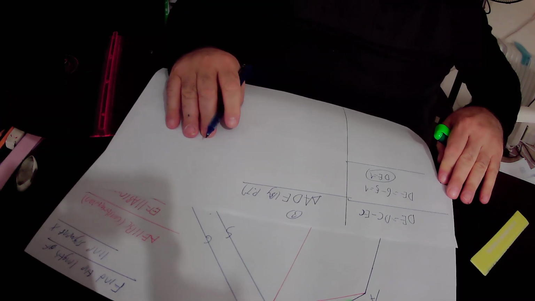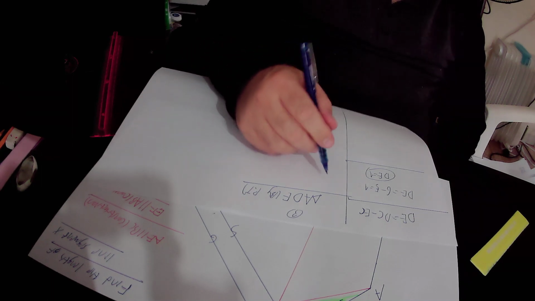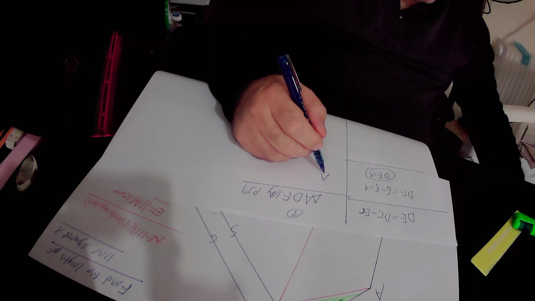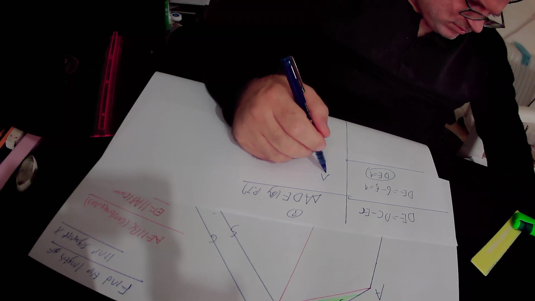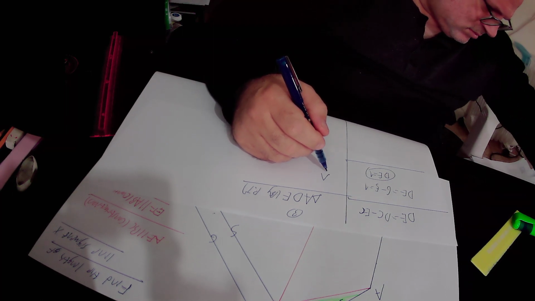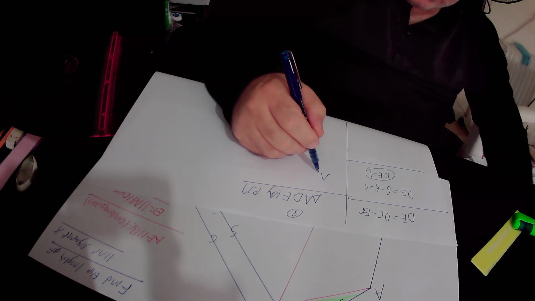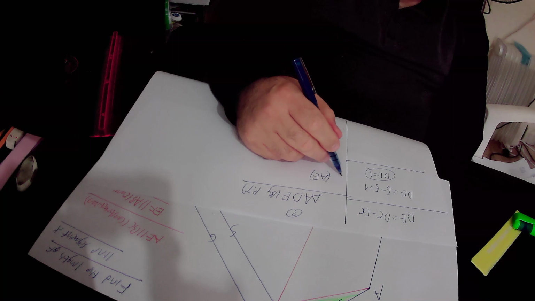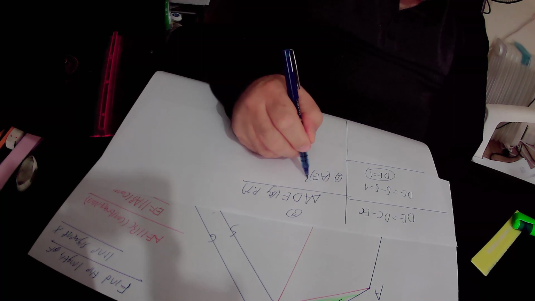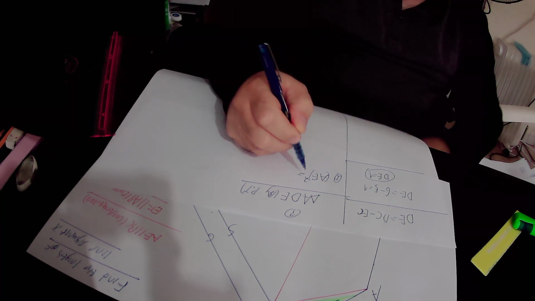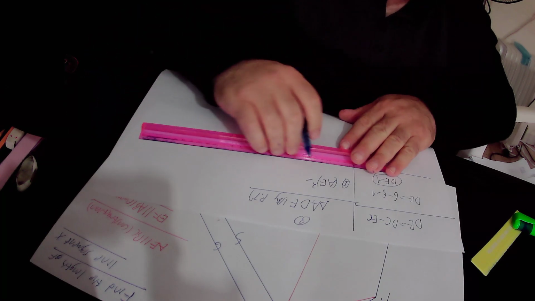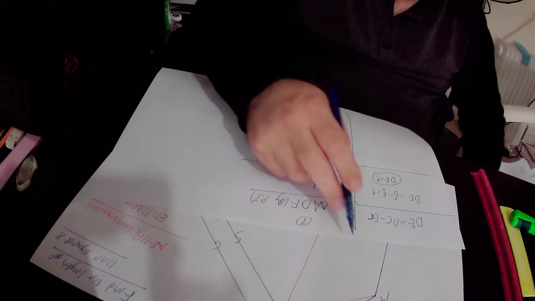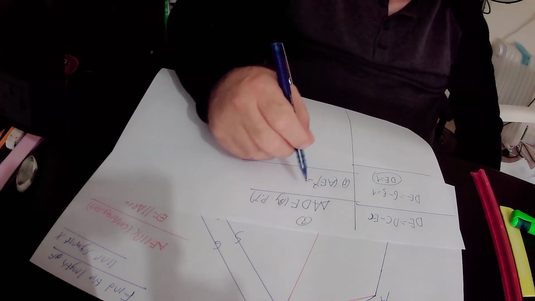That is to say, AE squared equals AD squared plus DE squared.